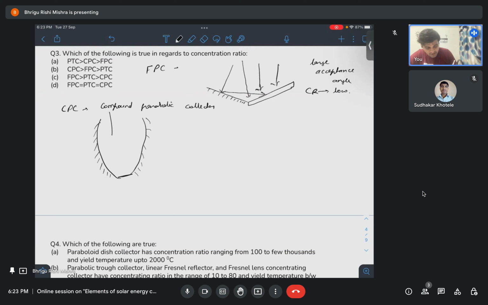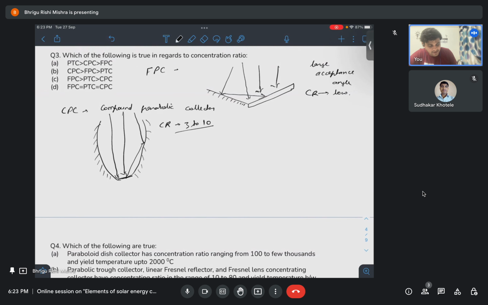So the radiation coming here like this, whatever hits the surface is reflected towards the receiver. Okay, so this is also a non-imaging concentrator, and the concentration ratio ranges from 3 to 10. Okay, now the last one is PTC.